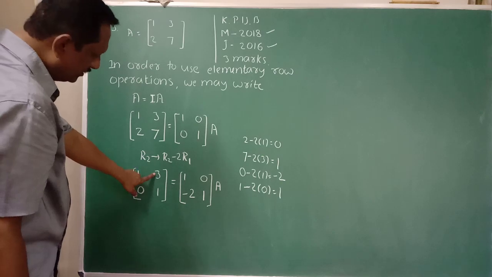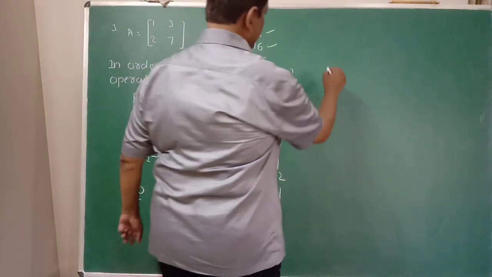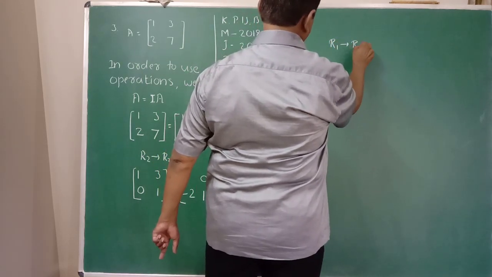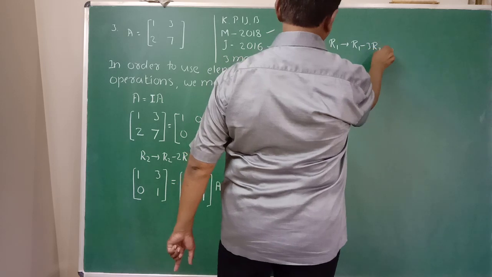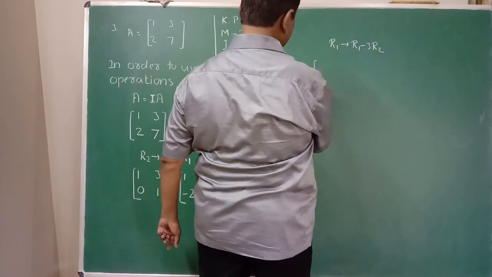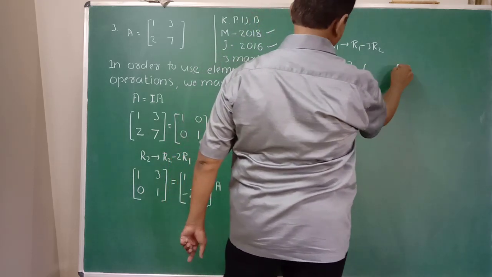Next here we want 0. Multiply by 3 and subtract here. Therefore R1 gives R1 minus 3 into R2. So the first row changes, the second row elements stay right as it is. You do not change the second row elements here.